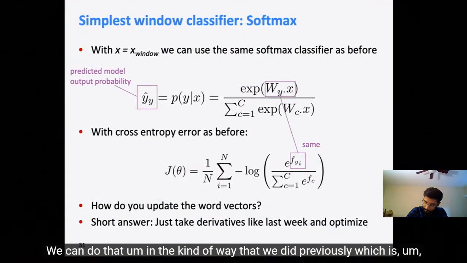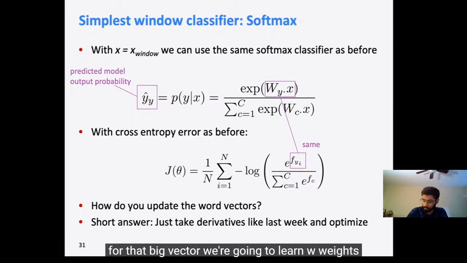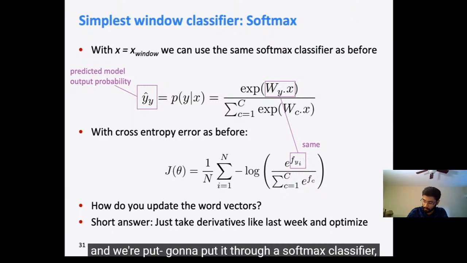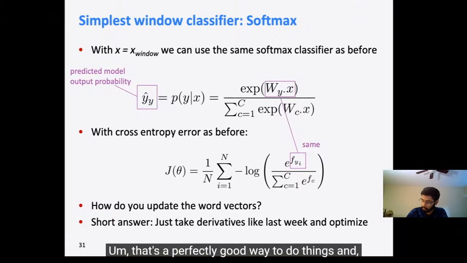And we can do that in the kind of way that we did previously, which is that we could say, okay, for that big vector, we're going to learn W weights, and we're going to put it through a softmax classifier, and then we're going to do the decisions.